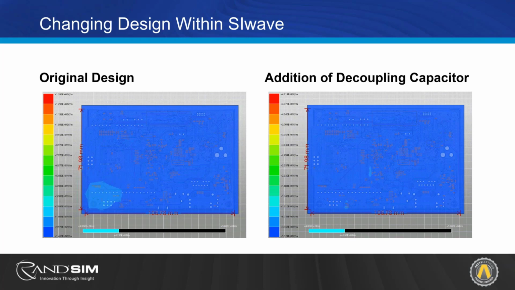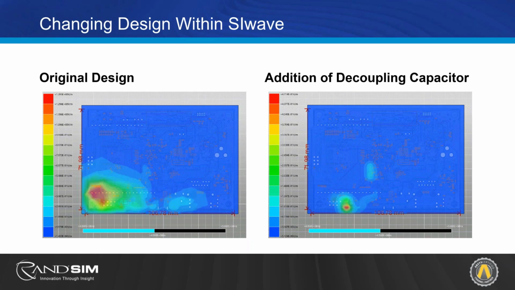Changing major things in the layout is better spent in your actual native ECAD environment. But what SIwave does very well is the incorporation of components on the fly to try out mitigation methods right then and there.